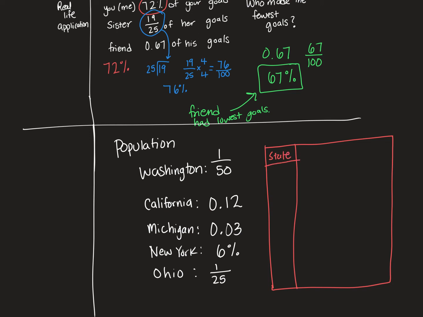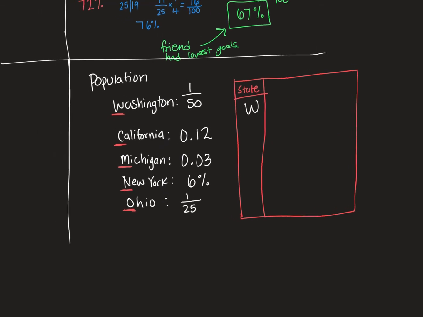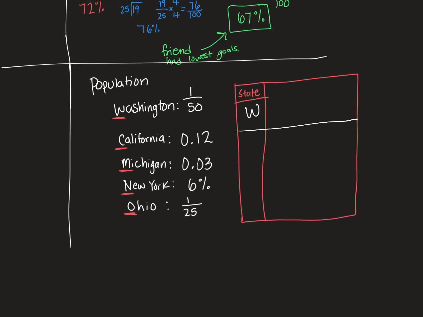Instead of rewriting the names, we're just going to put the letter: W for Washington, C for California, M for Michigan, N for New York, and O for Ohio. So let's put the states in here. We have Washington, California, Michigan, New York, and Ohio.